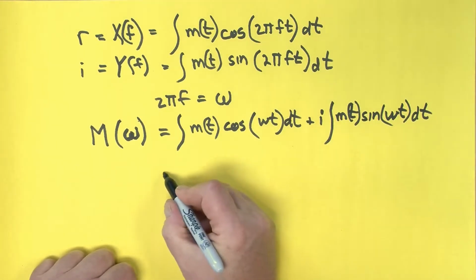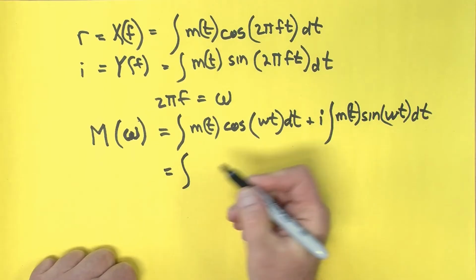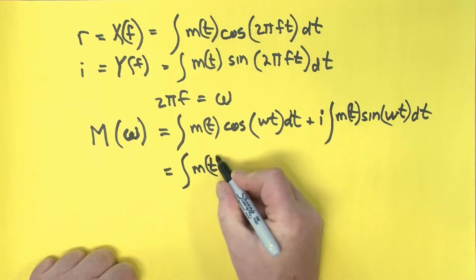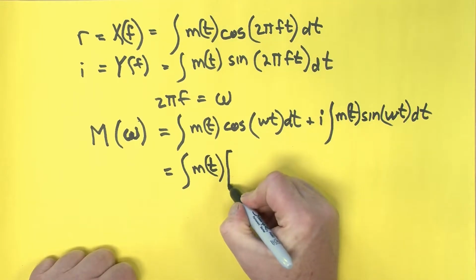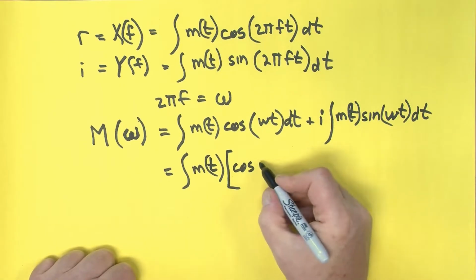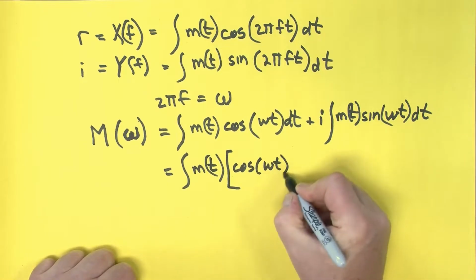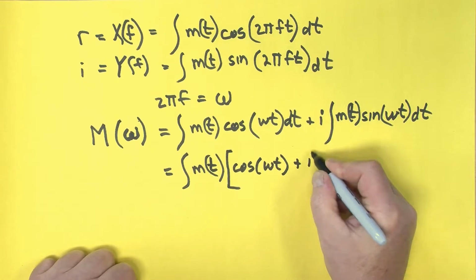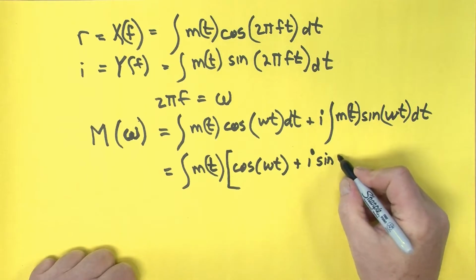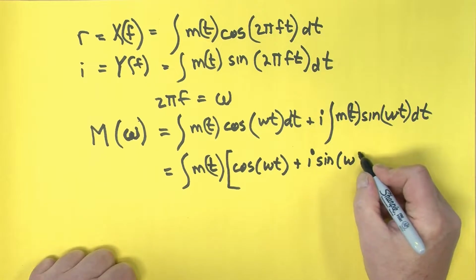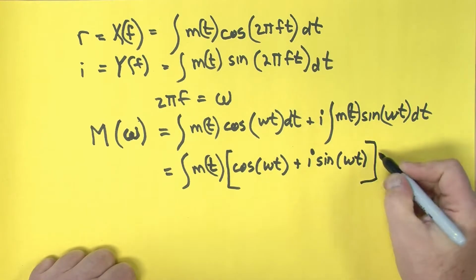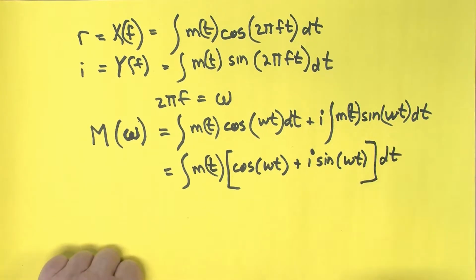And in fact, what we can do is combine that even further to what at first looks like quite a horrendous equation, which is this: m of t times, and we're going to use some square brackets here, cos omega t plus i sine omega t, and all of that integrated.